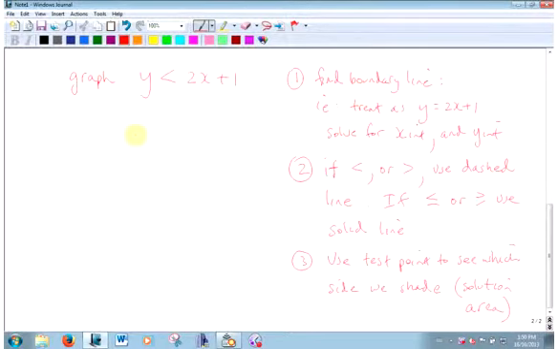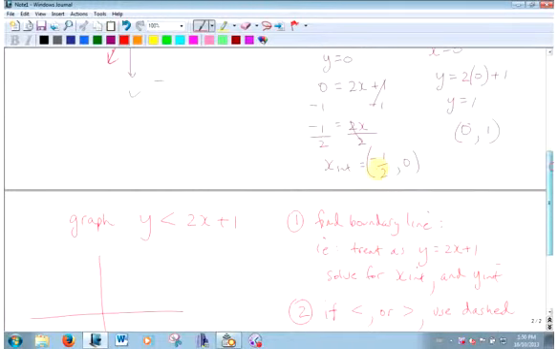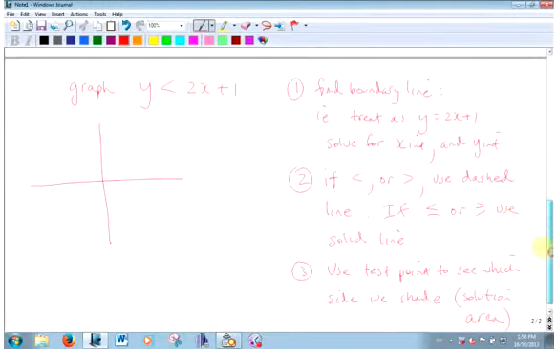So find the boundary line. Okay, so here's my graph. Okay, I already did this though. My x-intercept is -1/2 and 0. All right, so -1/2 and 0, there it is.